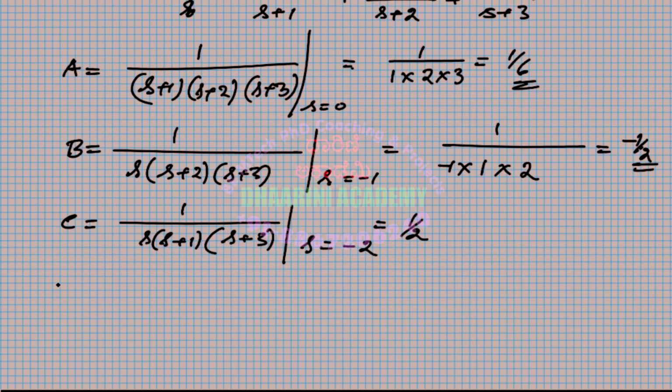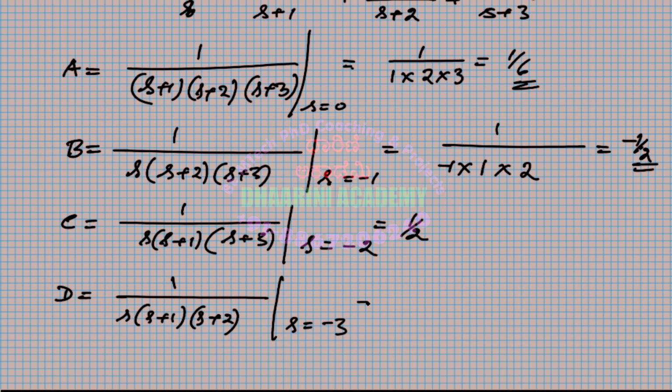Then let's do D. D is equal to 1 divided by s into s plus 1 into s plus 2. To cancel the last denominator, I'm going to put minus 3. So minus 3 into minus 3 plus 1 is minus 2, into minus 3 plus 2, it is also minus. So minus into minus is negative 1 by 6.